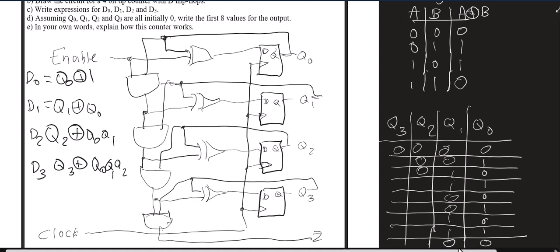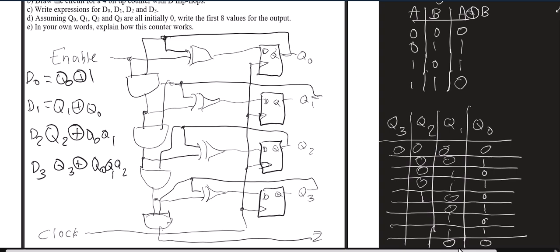Exclusive OR of 0 and 0 is 0. The AND of 1 and 1 is 1. The exclusive OR of 1 and 0 is 1.